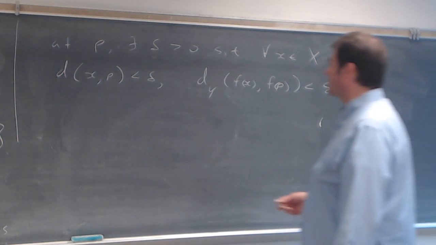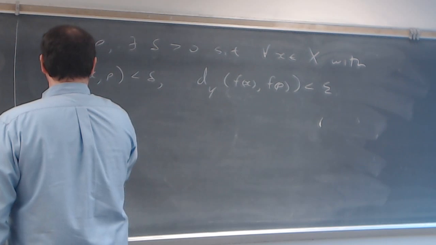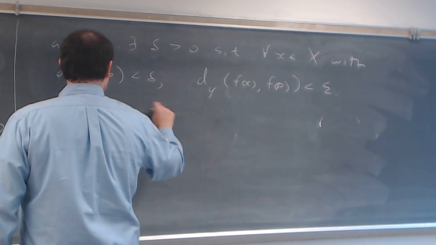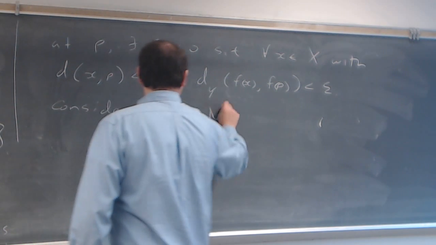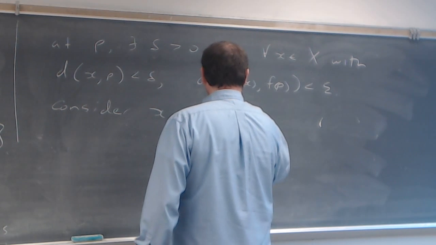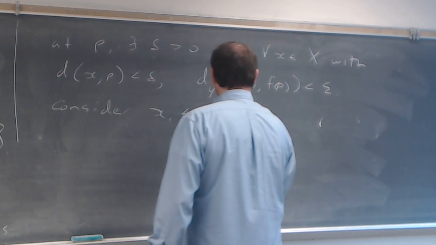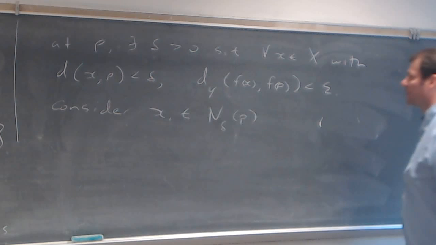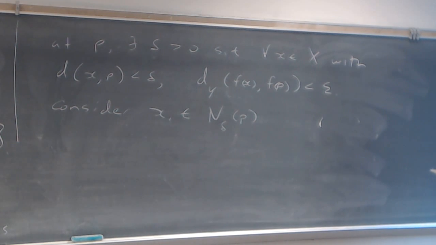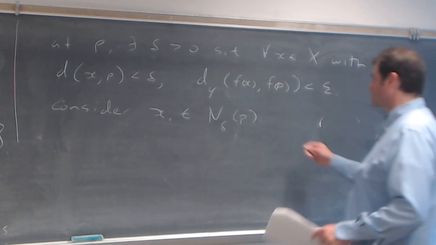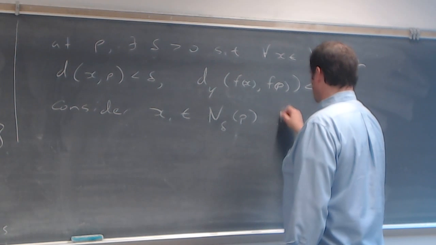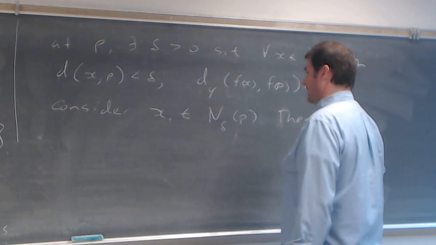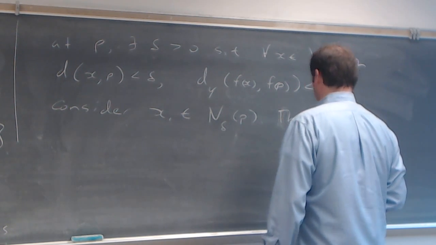So now consider an x sub 1 as an element of the neighborhood centered at p of radius delta. Then, well, what does it mean for x sub 1 to be in this delta neighborhood of p?